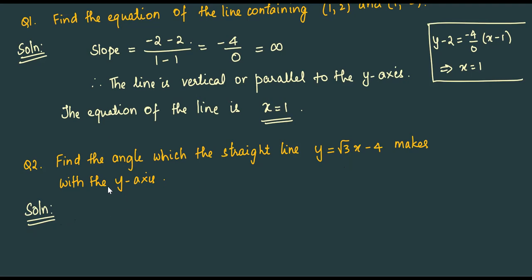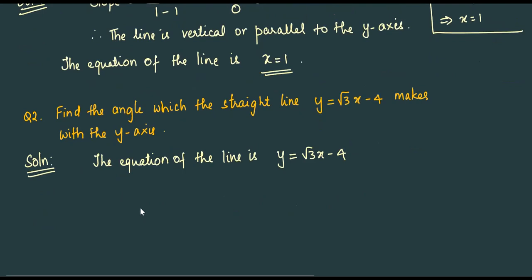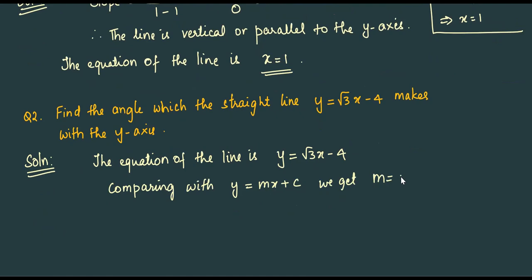From the equation of the line, what will be the slope? Can anybody say? Slope is root 3, m is equal to tan 60 degrees. So comparing with y equal to mx plus c, we get m is equal to root 3.